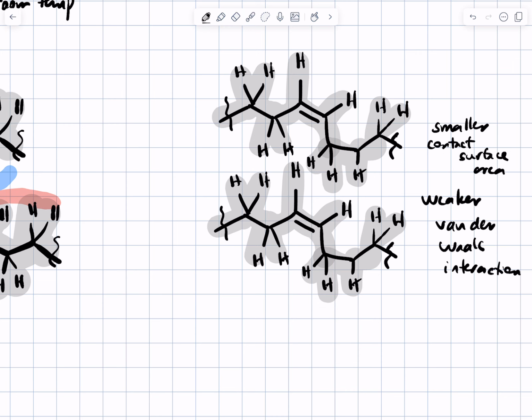Still, these two molecules are going to orient themselves such that they have temporary induced dipoles.